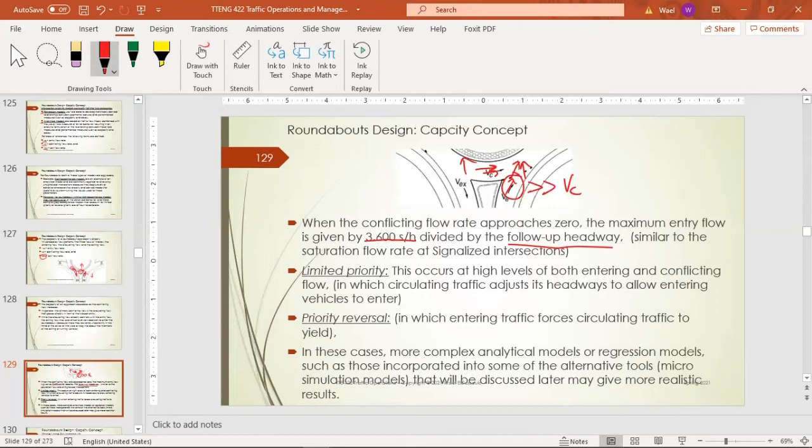Then there is priority reversal. As I mentioned, when the entering volume is much higher than the conflicting volume, they are taking over, in which entering traffic forces circulating traffic to yield. For both of these cases, the method that we are going to discuss today is not applicable.